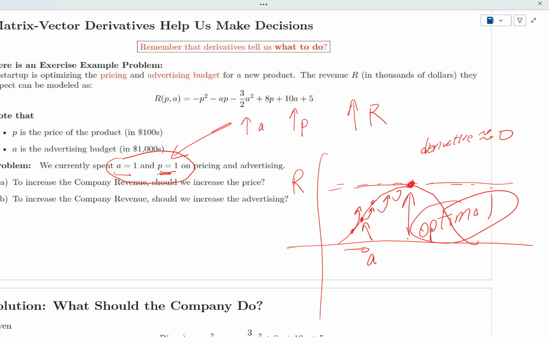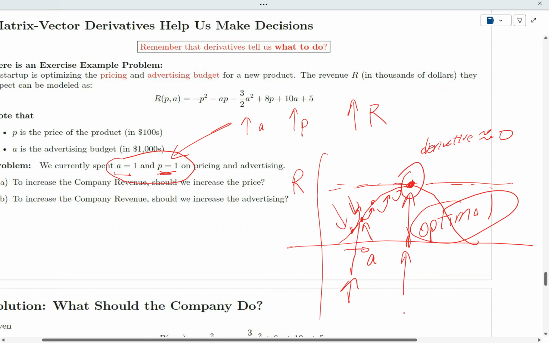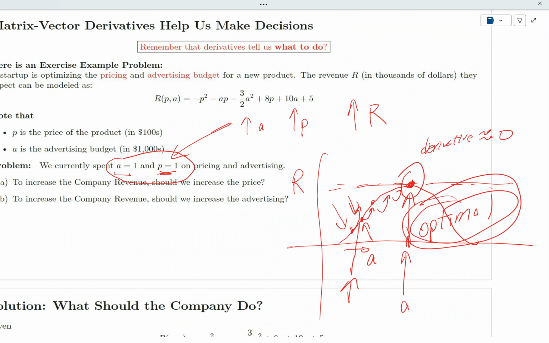So how do you go about starting from your current point all the way to the optimal? Well, you can simply use the gradient. You look at where you are now, increase a tiny bit, and then you do it again, increase a tiny bit. If you keep repeating this, you will identify this particular point, which is exactly how much advertisement you need to spend in order to get the optimal return for your investment.